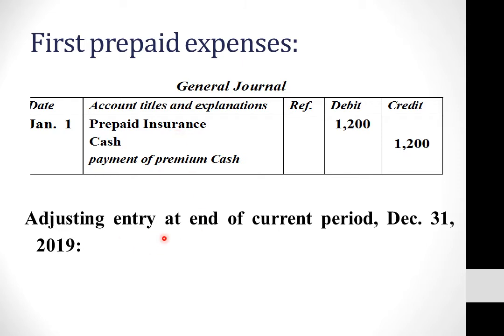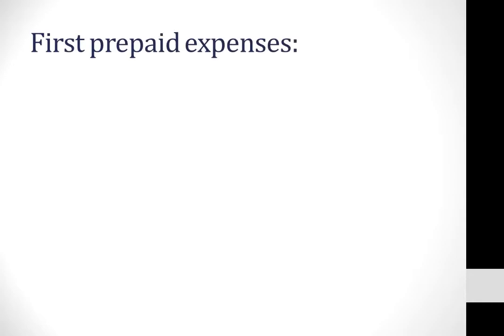We need an adjusting entry to determine how much expense from this amount belongs to 2019 and how much will be transferred to 2020. So this is the adjusting entry for the prepaid expense.